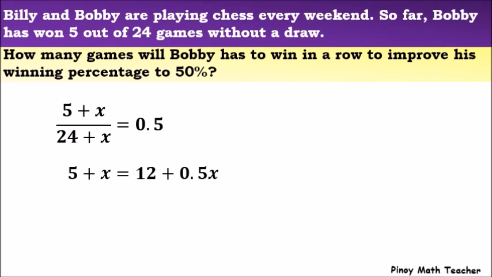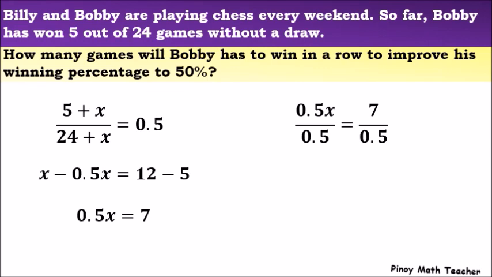So, we have x minus 0.5x equals 12 minus 5. Simplify. So, 0.5x equals 7. Divide natin both sides by 0.5. Okay, so x now equals 14. So, kailangan manalo si Bobby ng 14 games na sunod-sunod para mag-improve ang winning percentage niya to 50%.